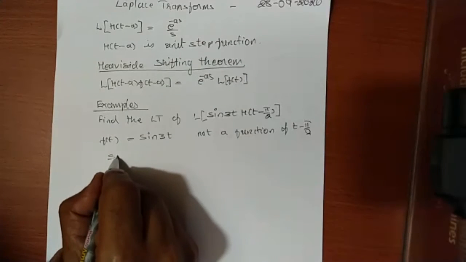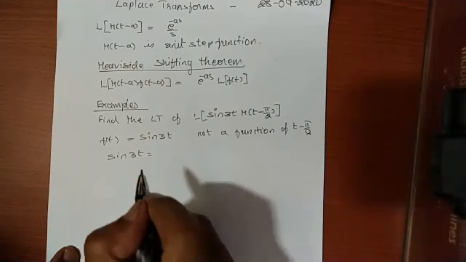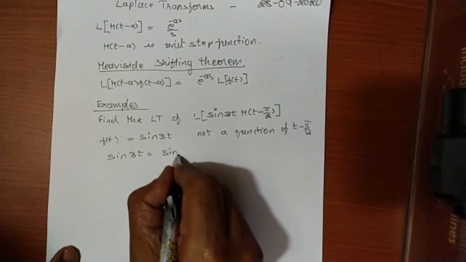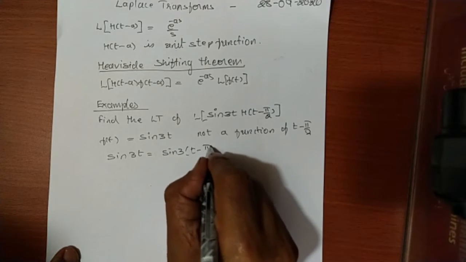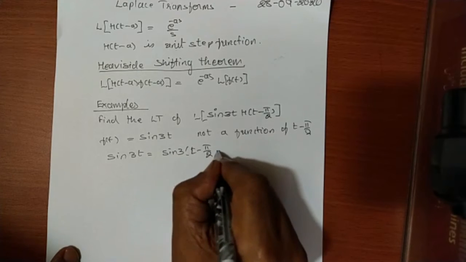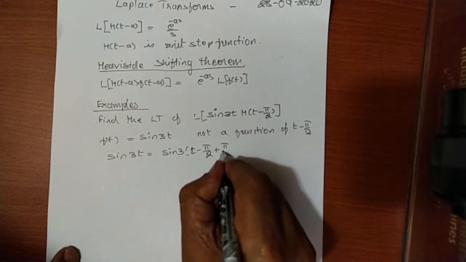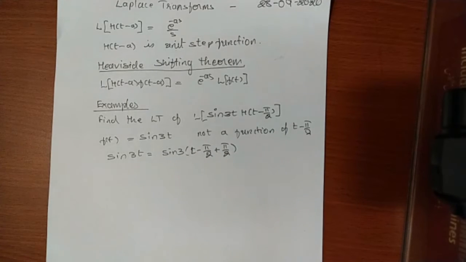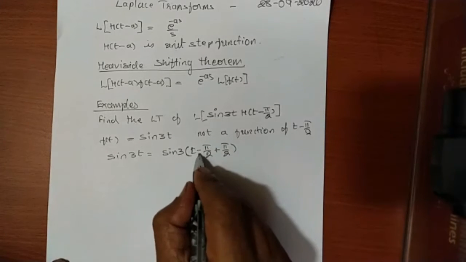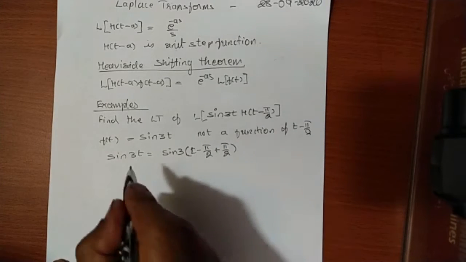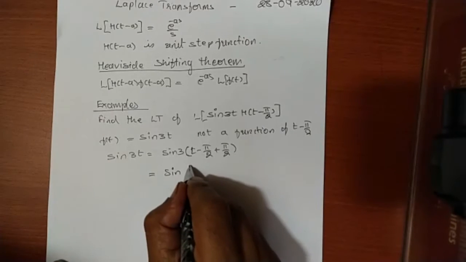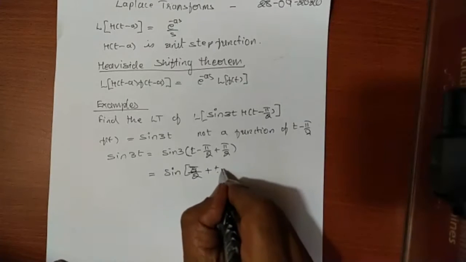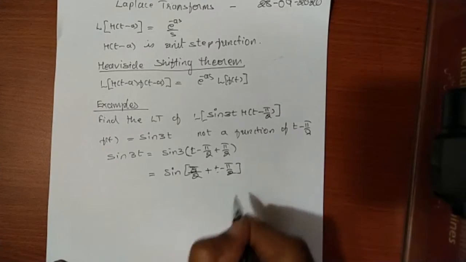So sine 3t is equal to sine 3 times t minus pi by 2 plus pi by 2, which I can write as sine of 3 pi by 2 plus 3 times t minus pi by 2.